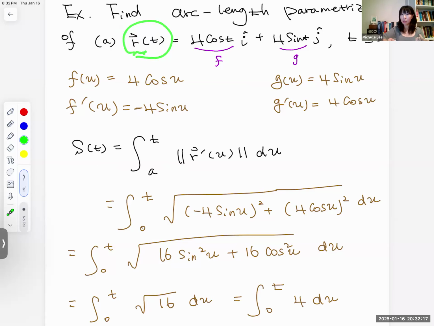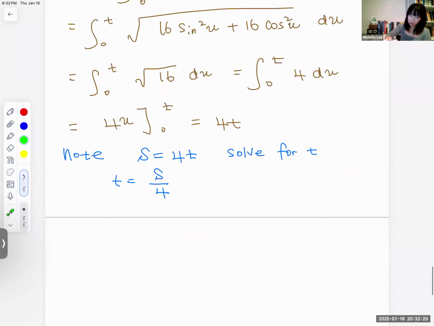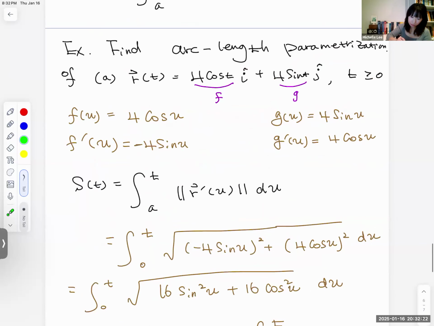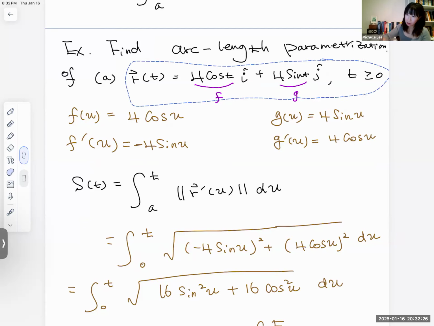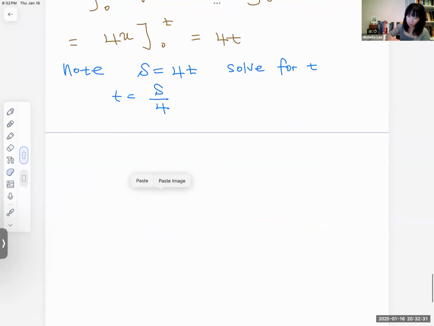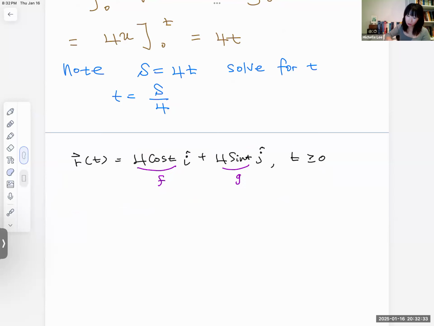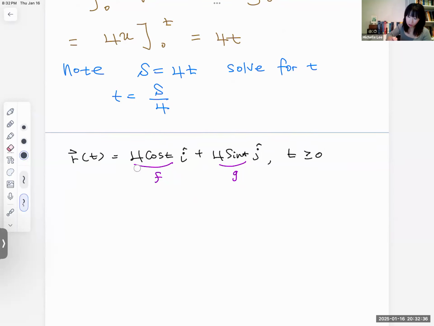So let me use this one. We will use r of t, which is s over 4.